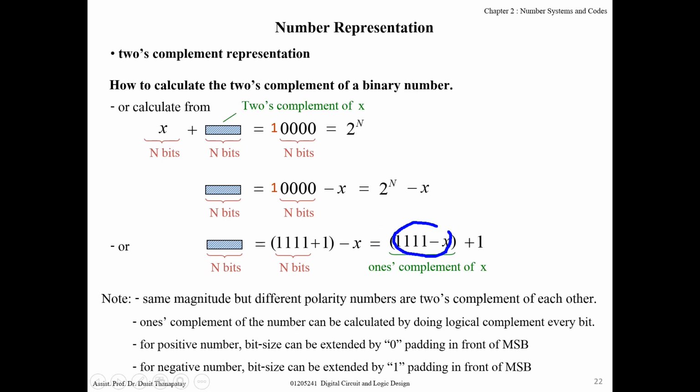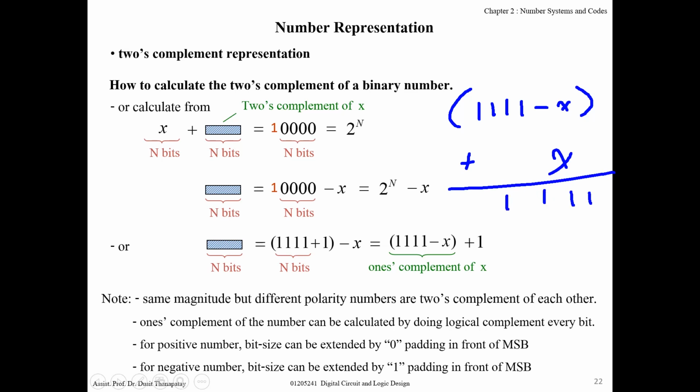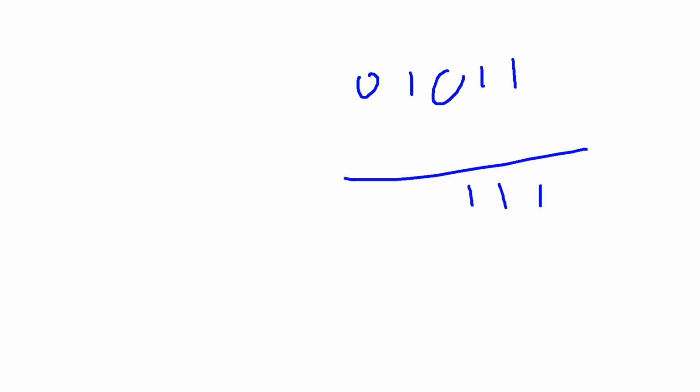This number, namely 1 1 1 1 minus x, plus x gives 1 1 1 1, right? So this number is called the 1 complement of x. For example, 0 1 0 1 1. Its 1 complement is some number that when you add together gives the result 1 1 1 1 1.